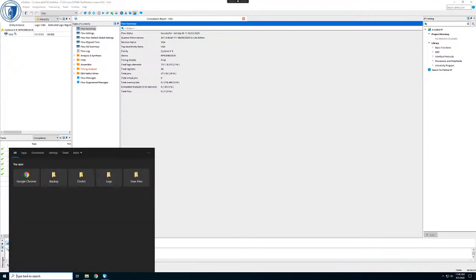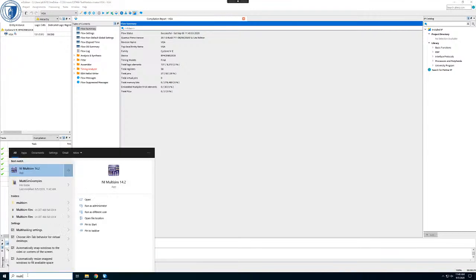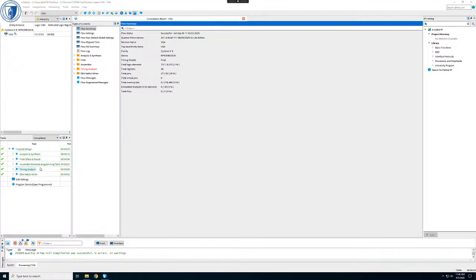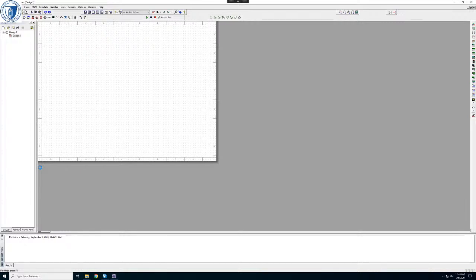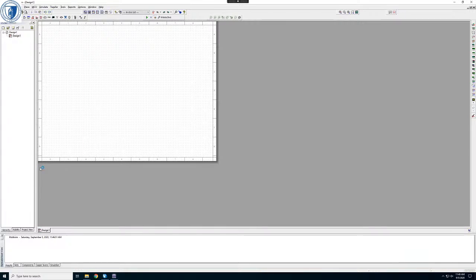The other thing I needed you to do is to run multisim somewhere. This is multisim 14.2. Somebody had multisim 14.1. I provided version 14. I don't think it makes a big amount of difference for me. We're only going to be using multisim for a couple of things.